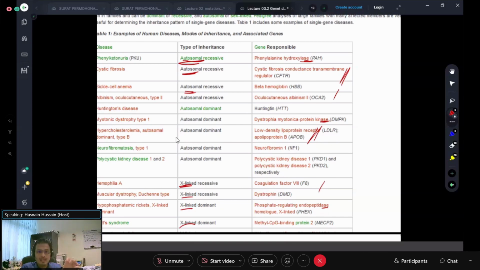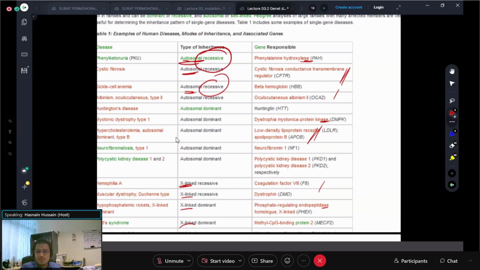In the somatic cell, we also have the X and Y chromosome, isn't it? But this one is talking about the chromosome itself. Someone answered somatic cell, I just want to clarify that as well. Okay, so in the disease that is caused by recessive, what is meant by that?